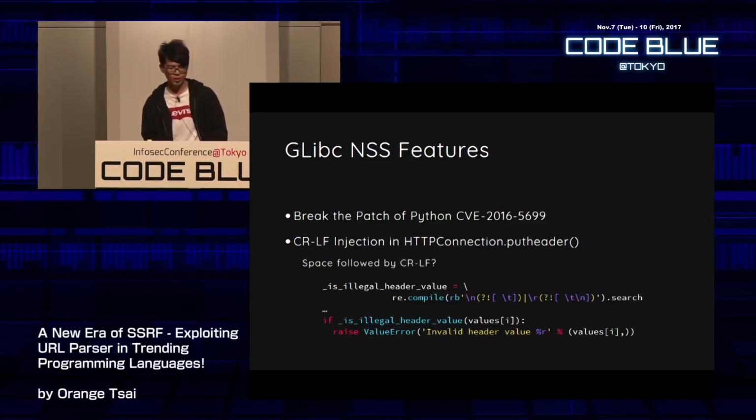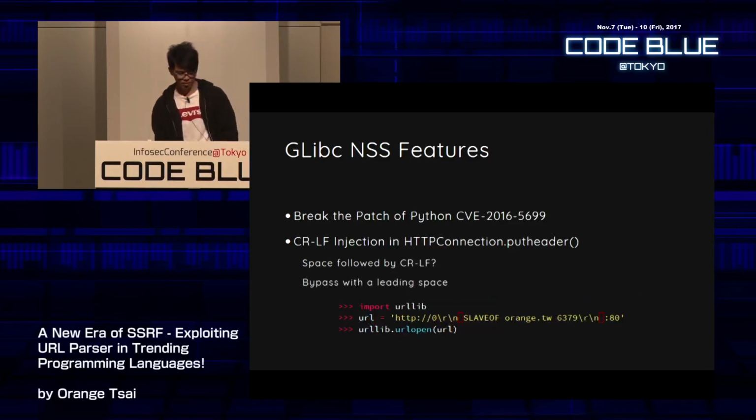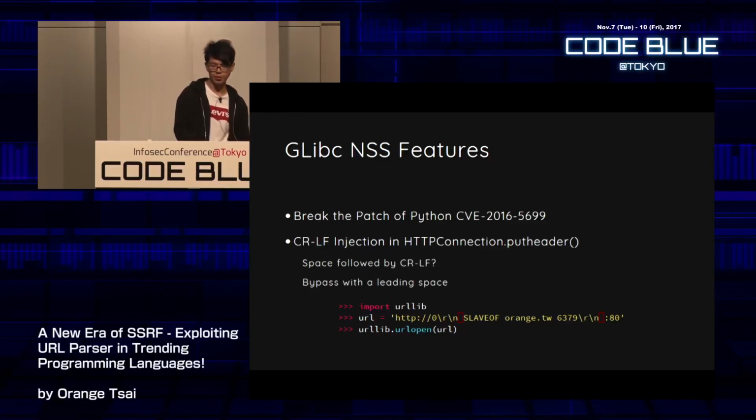Python uses a regular expression to ensure there is no new line in the header. Otherwise, it will raise an error. But Python makes an exception for a tab or a space following the new line. So we can break the patch with a leading space. You can see with the space, urllib and urllib2 are vulnerable again.